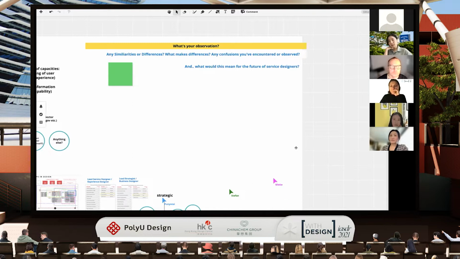Is it the economy, or the awareness of the design areas, or the education, or the market traits, or is there any confusion that you have encountered? And what would these confusions, or the coexistence of multiple connotations and interchangeable use of job titles, mean for the future of service designers? So I'd love to hear your thoughts and perhaps reflections on this topic. Thanks.